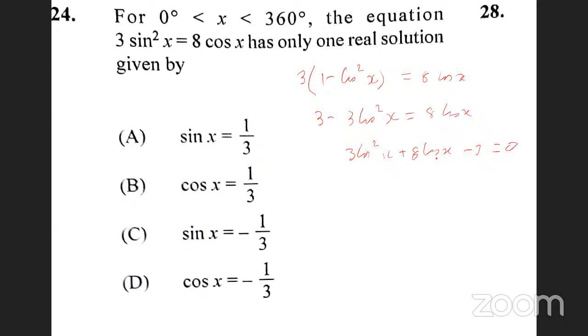When you solve the quadratic, you will get cos x to be 1/3 and minus 3. This has no solution. So the answer is 40. Copy down quickly if you need it.